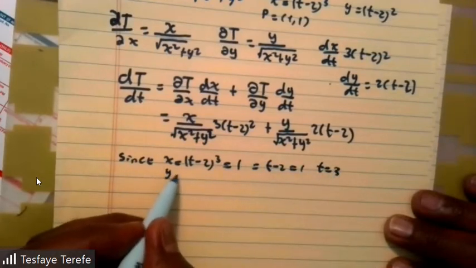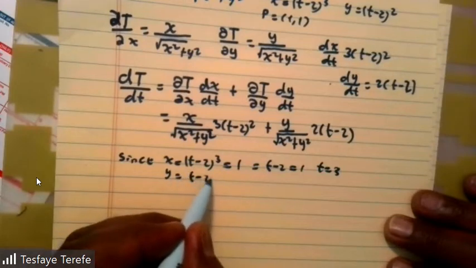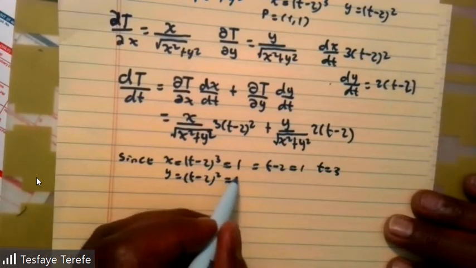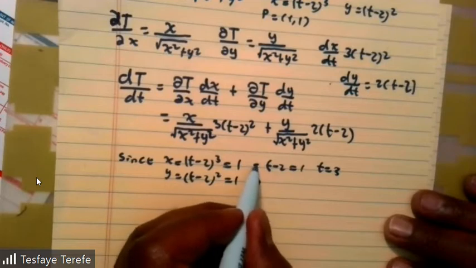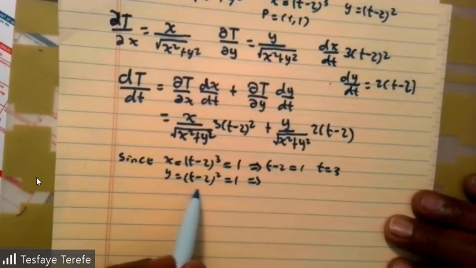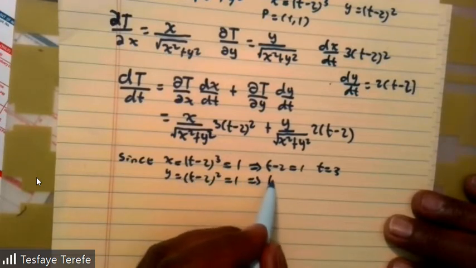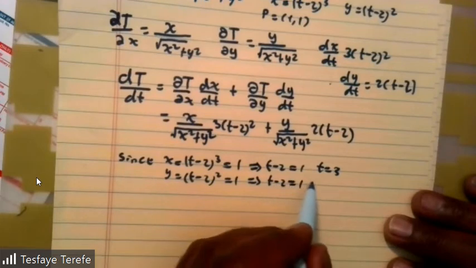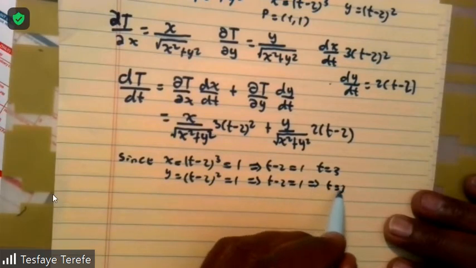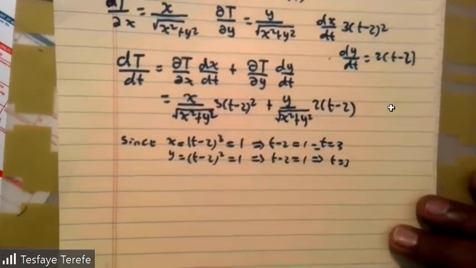And y equals t minus 2 squared, and that is also 1. From here, what do you get? Actually, the square of 1 is 1, so t minus 2 is equal to 1, and t also is 3. So you can see it is convenient.